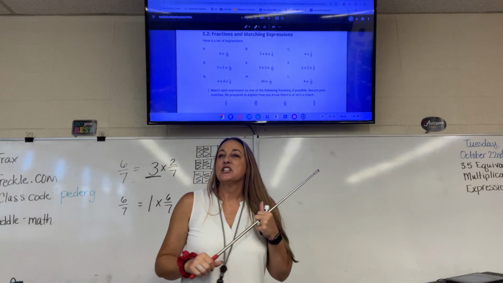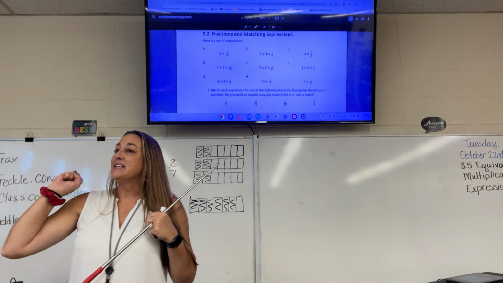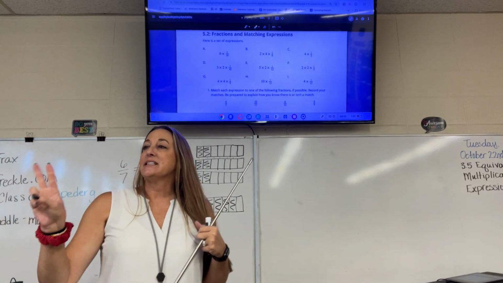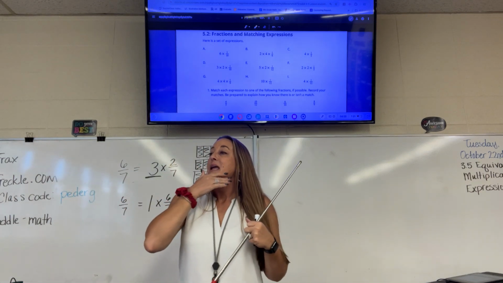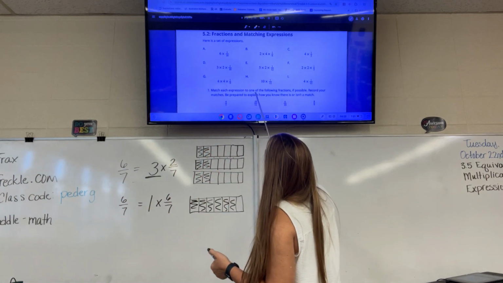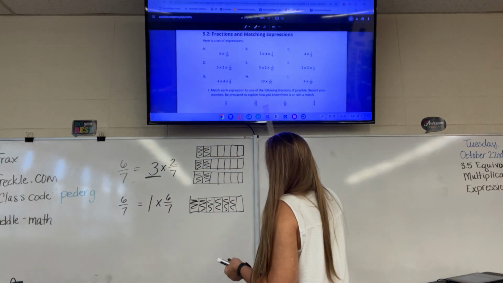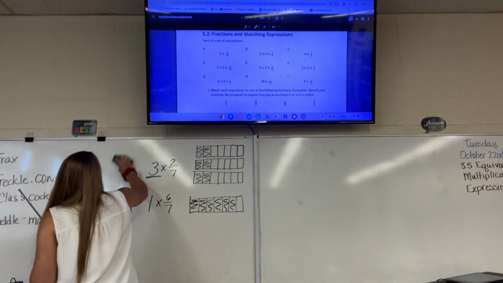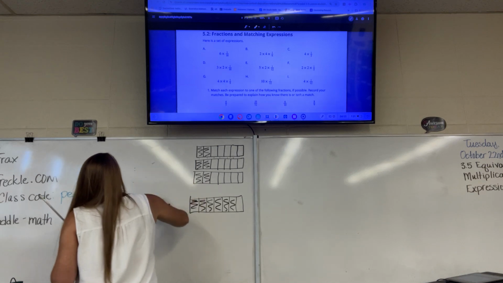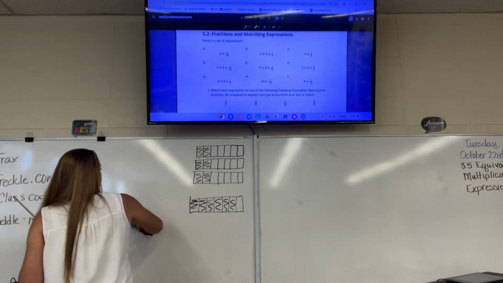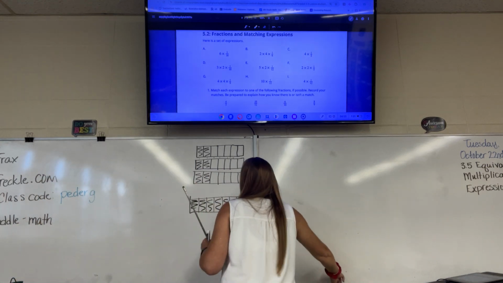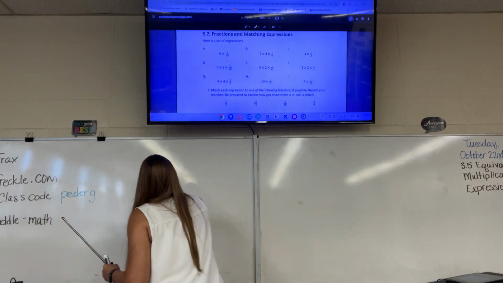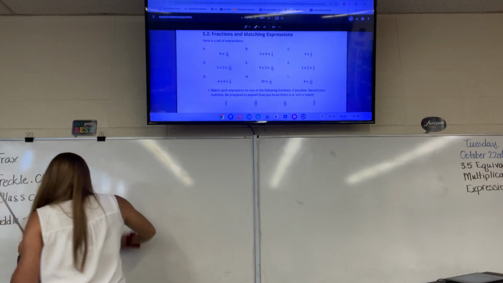All of these expressions except for 2 of them equal 4/5, 10/12, 6/10, or 8/9. So I want you guys to tell me, if you solved the expression, which fraction would it go under?